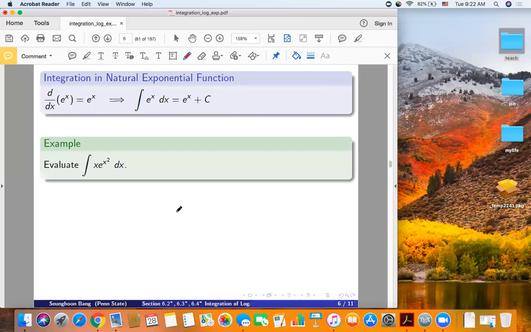So give an example. Integral x times e to the x squared dx. How can you solve this problem? As I said before, in this case, don't distribute like this. No, don't do that.